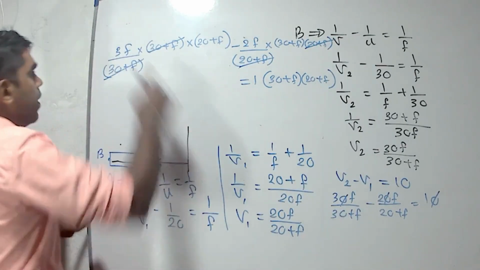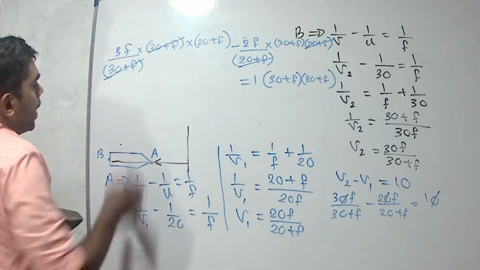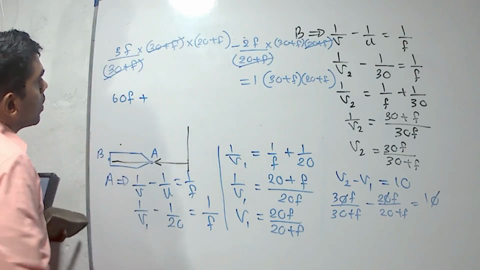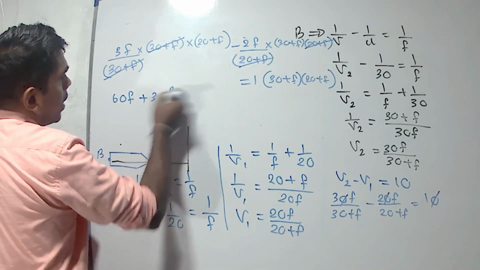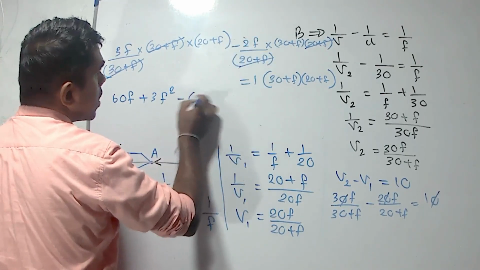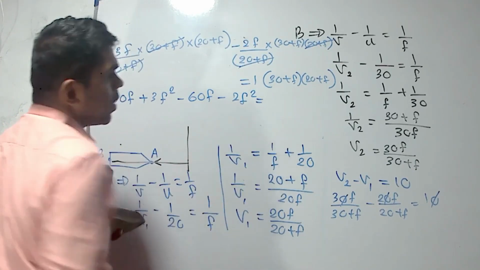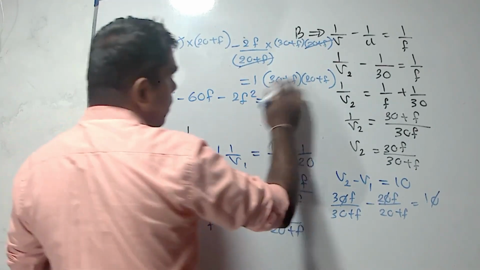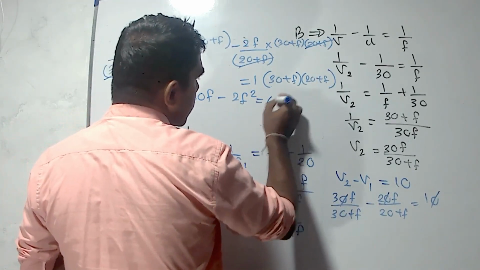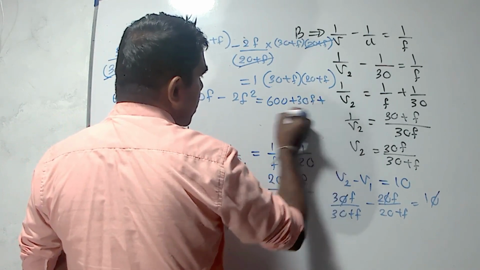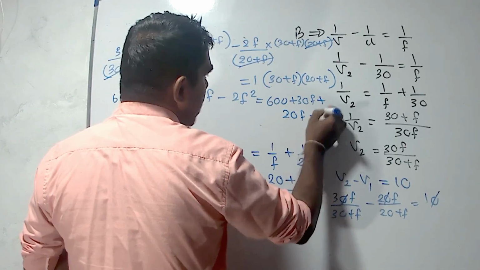Then we can simplify. 3F into 20, 60F, plus 3F into F, 3F squared, minus 60F, minus 2F squared. Then I will remove this bracket. 30 into 20, 600, plus 30F plus 20F plus F squared.